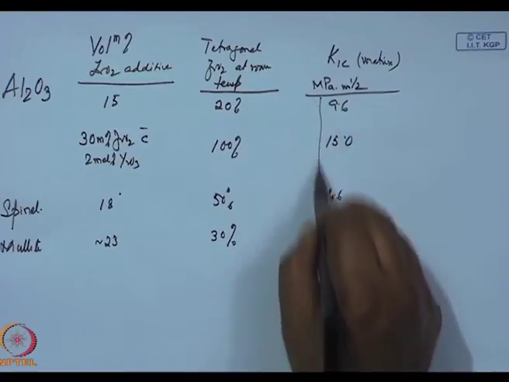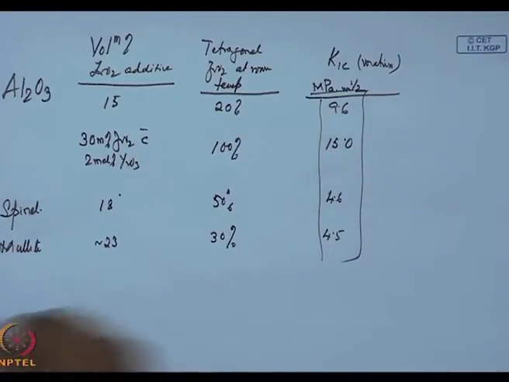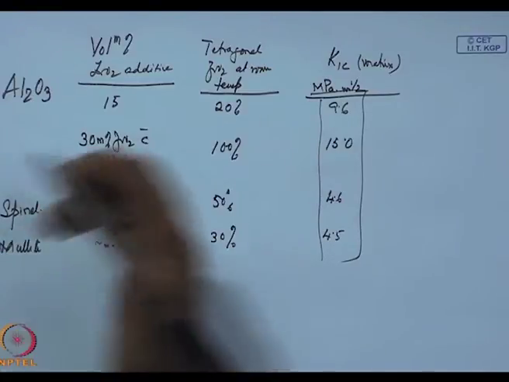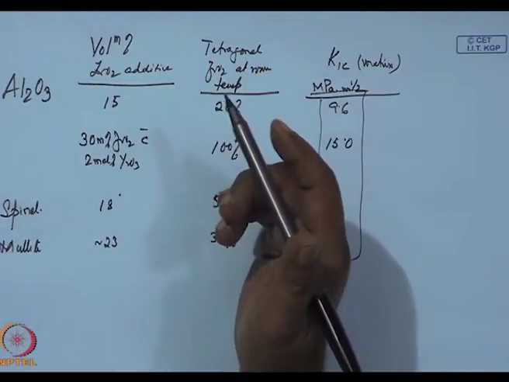All of these values are much higher than the matrix itself. So, zirconia has been used as a particulate reinforcement in other matrices like alumina, spinel, mullite.